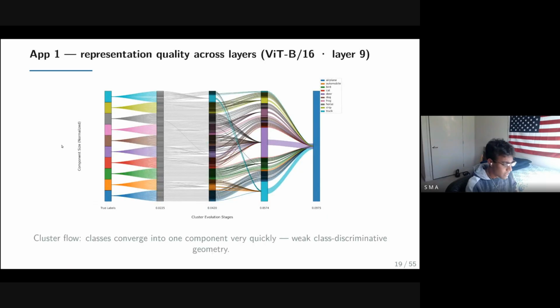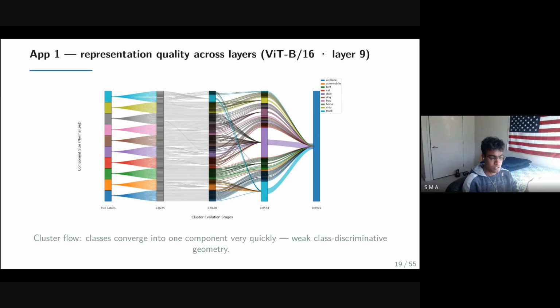So here, let's look at the representation quality across layers. Here we have ViT base 16, and this is layer 9. The model has been trained on CIFAR-10. You can see the 10 classes here, and you can see that it's a mess. There's nothing out here.